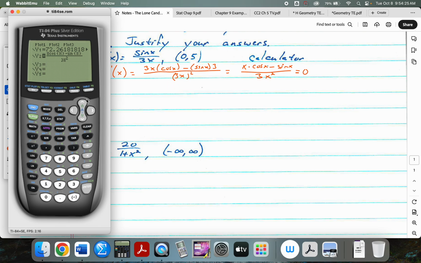And we're only interested at where it changes sign. So I make the y window pretty tight. I usually do it from -1 to 1 so that I can see any zeros pretty easily. So my window, I'm going from 0 to 5 by 1s. And then from -1 to 1 by 1s.